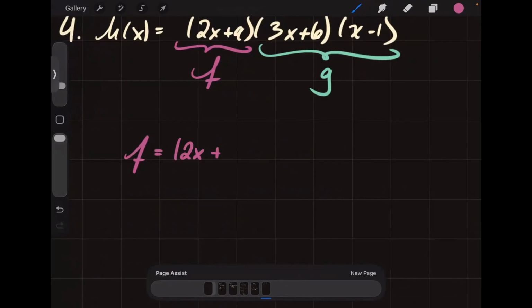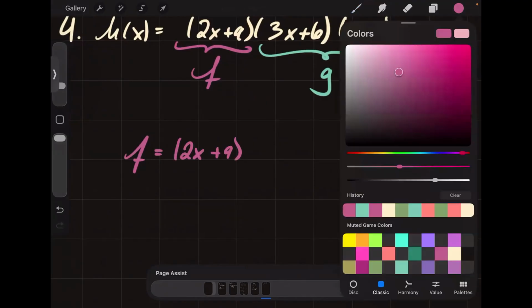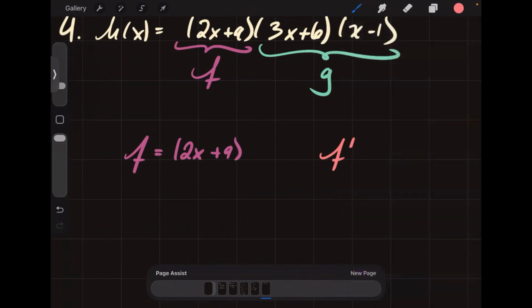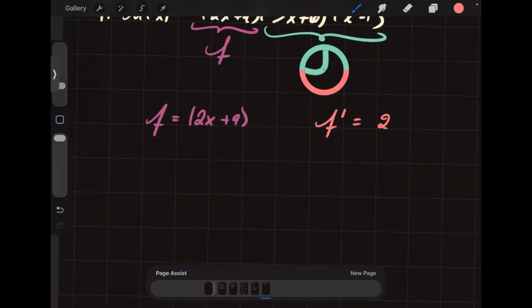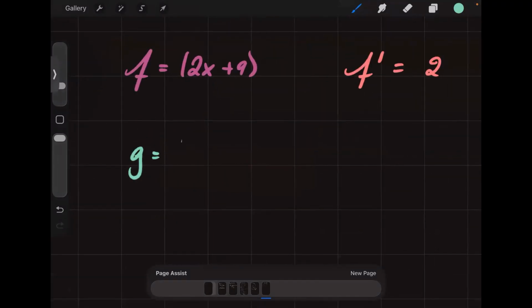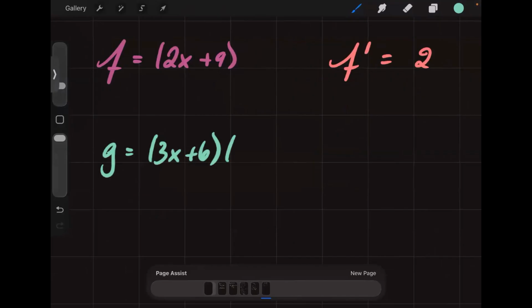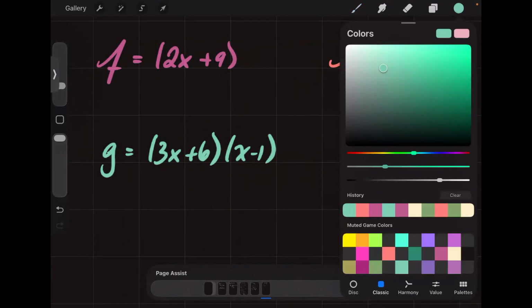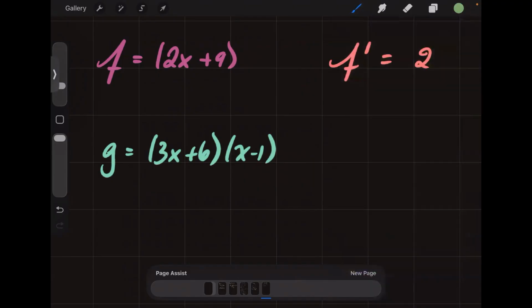So 2x plus 9, which of course means that f prime is equal to 2. Nothing crazy here. And then g is going to equal 3x plus 6 and x minus 1. Can you FOIL this? Yes. Do I recommend it? Again, for this specific problem, you totally could.